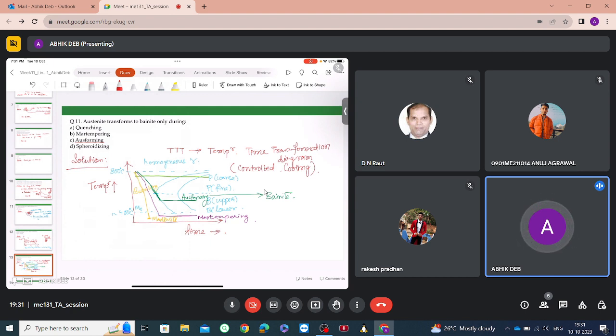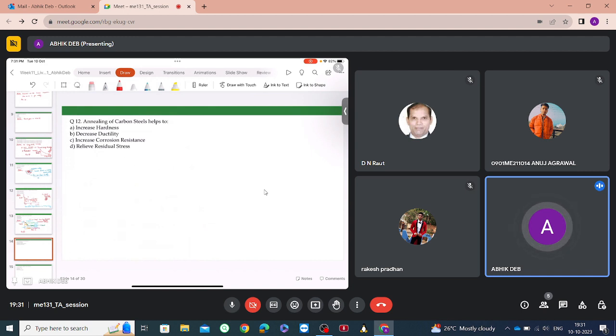I would like you to interact even during the explaining; if you interrupt and ask, it will be very good for you to understand more. Anyway, for ausforming, austenite will transform to bainite during the ausforming process. So the correct option is option number C.